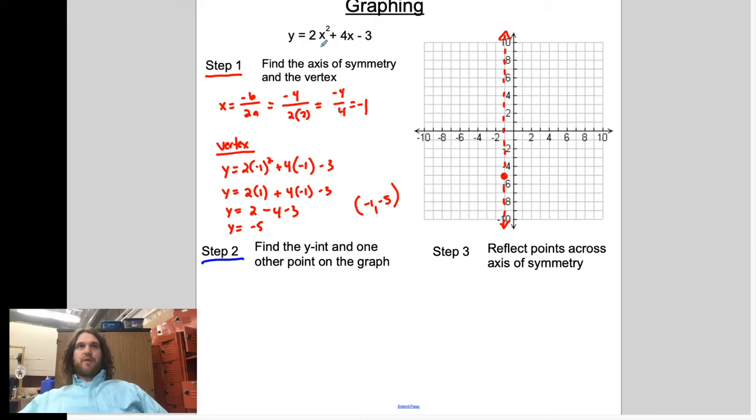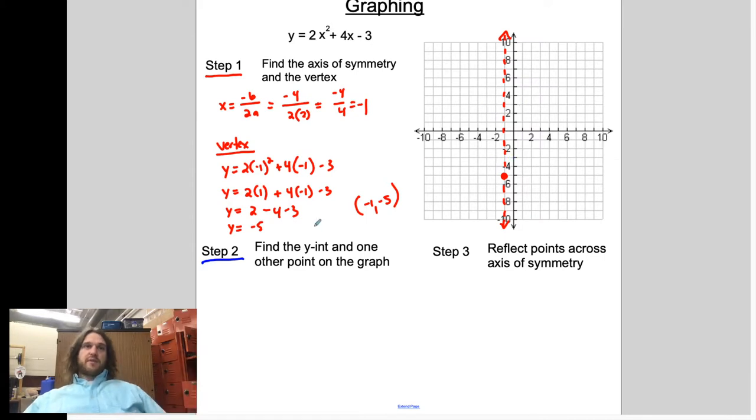I'm going to go up double the values that I normally would from the vertex. So when I go over 1, instead of going up 1, I'm going to go up 2. Instead of going up 4, I'm going to go up 8. Instead of going up 9, I'm going to go up 18. Oh, wait, that's off my graph. So you can use this technique and then reflect the points to graph our parabola. That's perfectly acceptable if you want to do it that way.